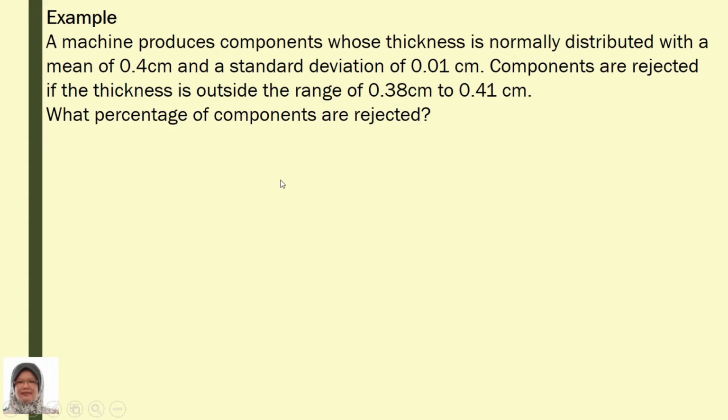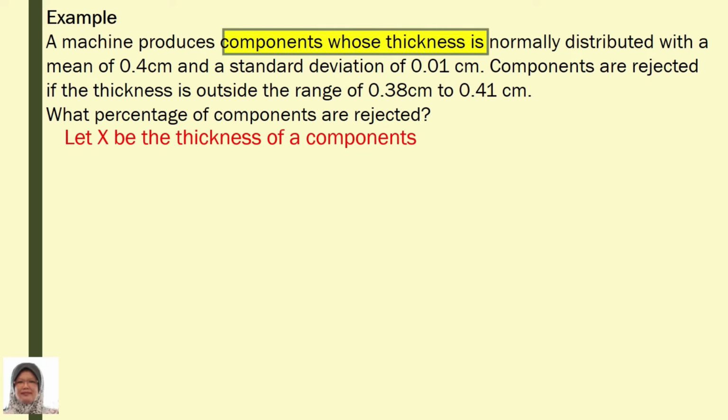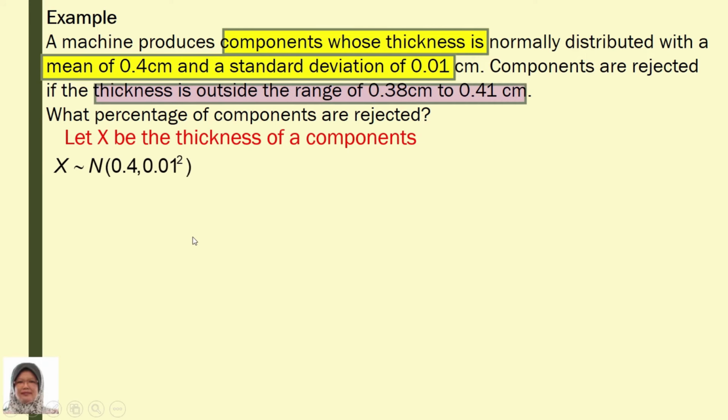From this question, X is the thickness of a component with mean 0.4 and standard deviation of 0.01. A component is rejected when the thickness is outside the range of 0.38 cm to 0.41 cm.